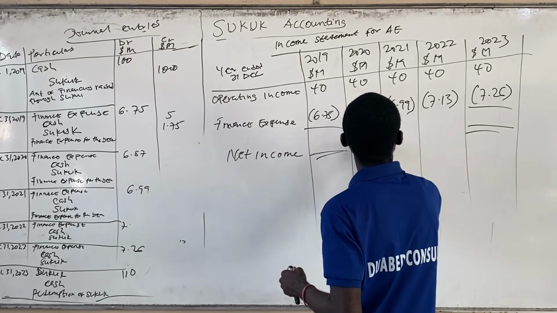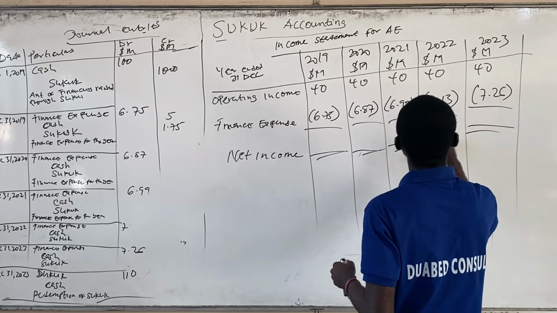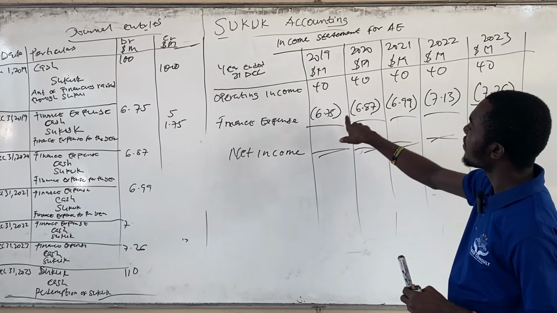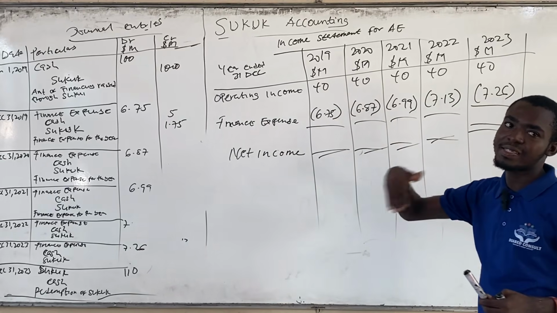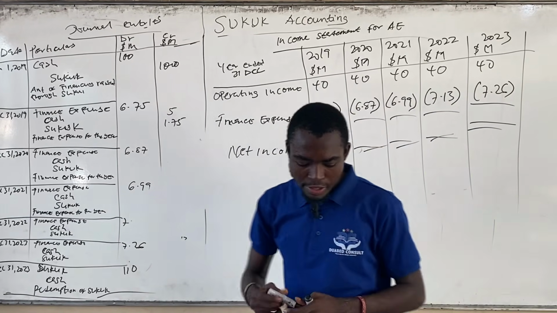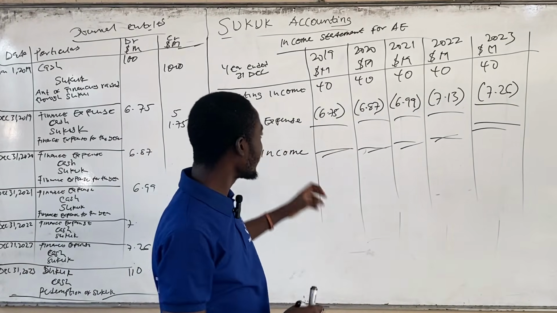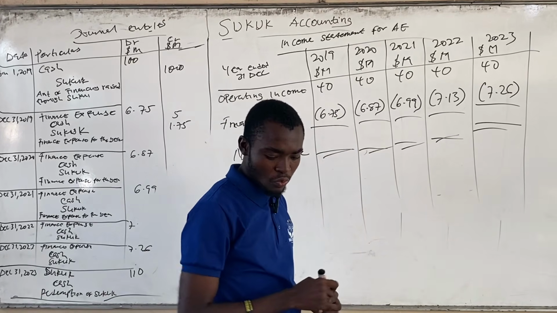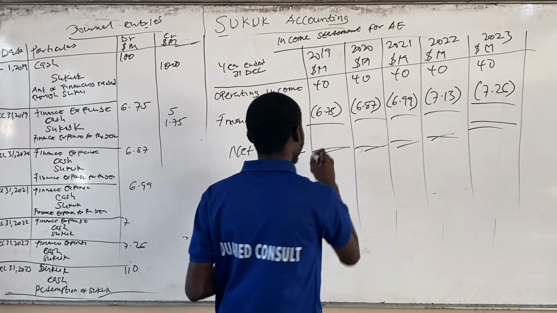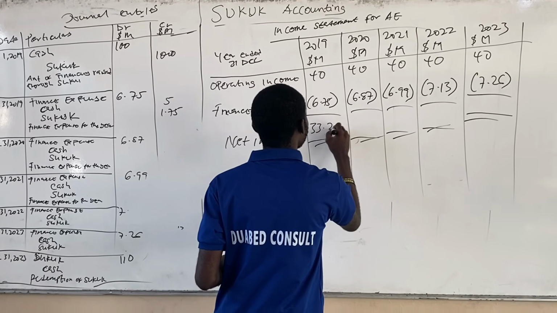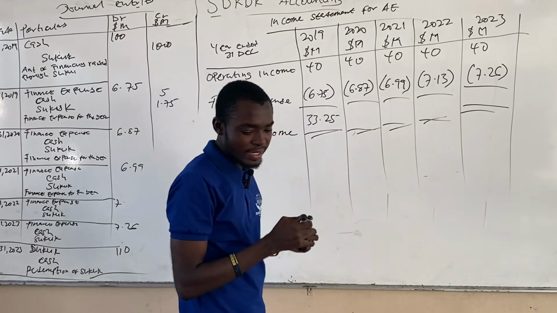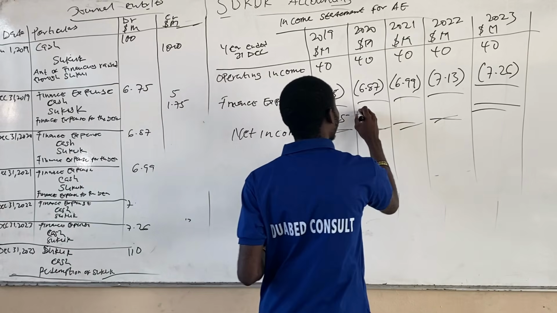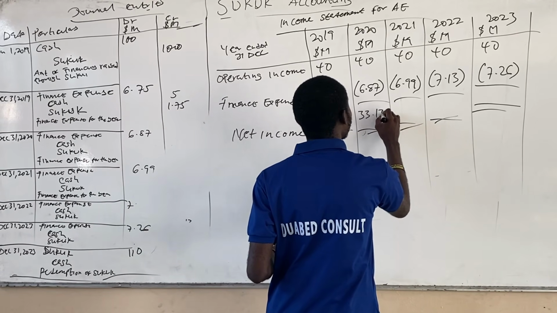So the difference between the operating income, that's the profits, and then the finance expense, will give us the net income for the year. So for 2019, 40 minus 6.75 will give us 33.25. And then for the second year, that's 2020, will give us 33.1.